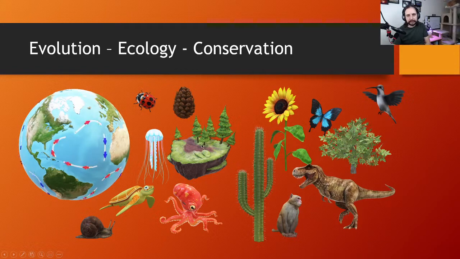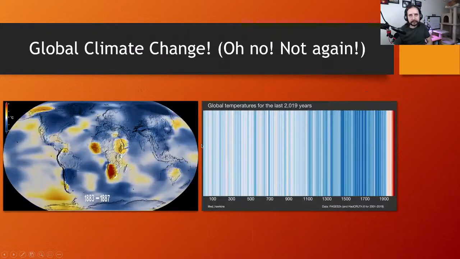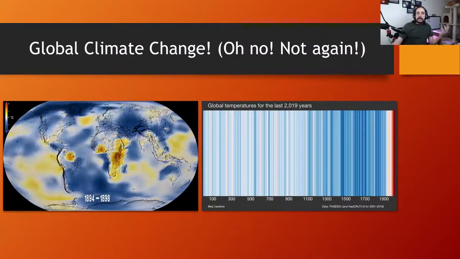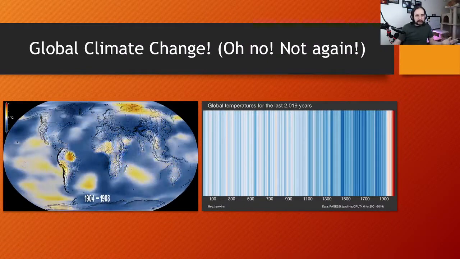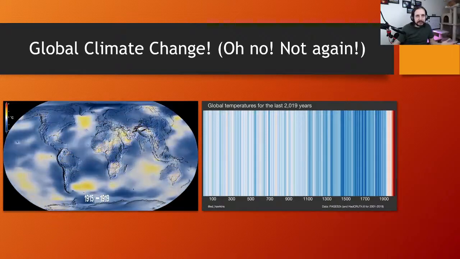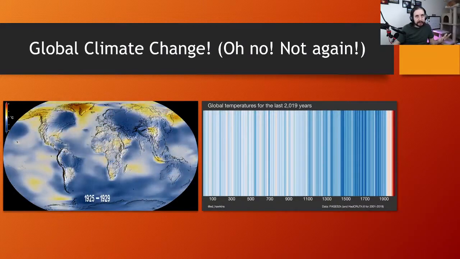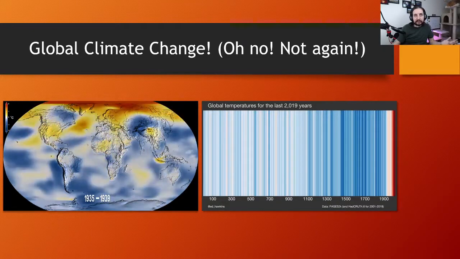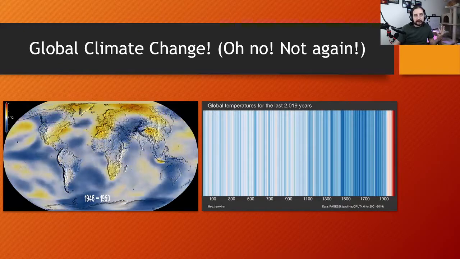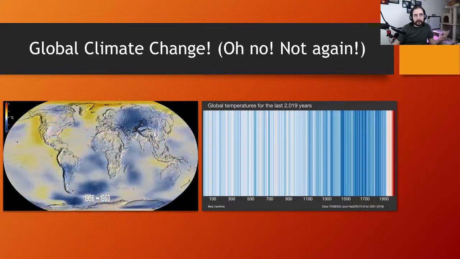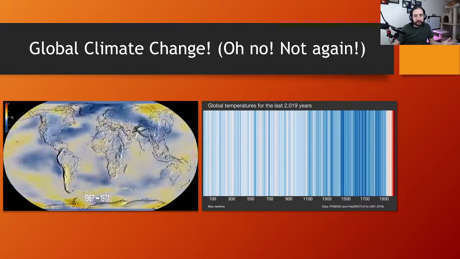All right. And then there's global climate change. We know it's happening. The ice is melting in the Arctic and Antarctic. It is affecting all of our livelihood.